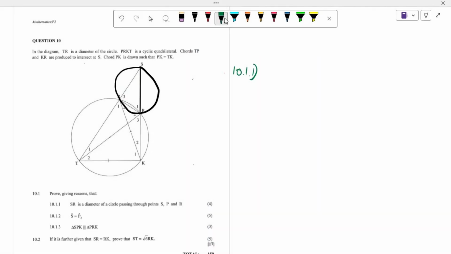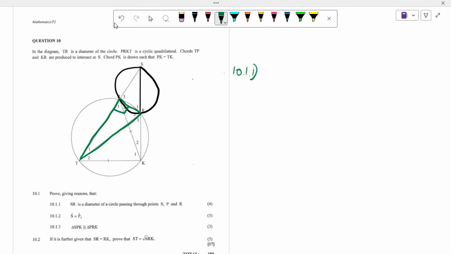Here's my diameter for the given circle. If this is my diameter, we know that this angle will be 90 degrees. Who is this? This is angle TPR.